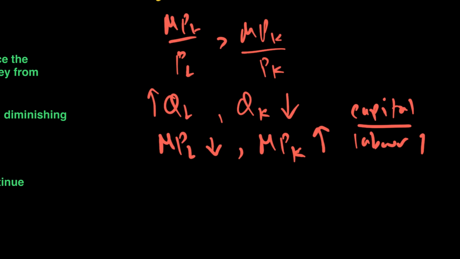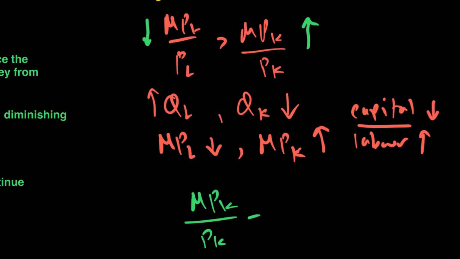Labor is going up and capital is going down, and that results in the left hand side starting to fall. But I keep on substituting as the left hand side is going down and the right hand side is going up, until there comes a point where MPK over price of K becomes equal to MPL over price of L. And if that happens, there is no more need for substitution because our equi-marginal principle is met.